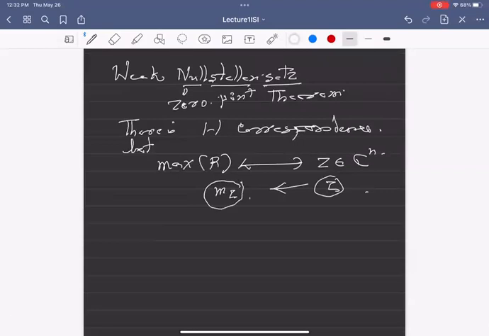So the smallest algebraic varieties in Cn are points, and points correspond to largest proper ideals. So that is the weak Nullstellensatz. Any questions about what we have done?